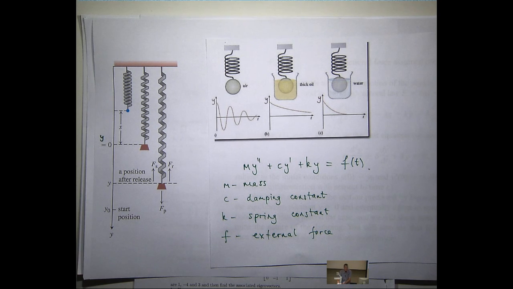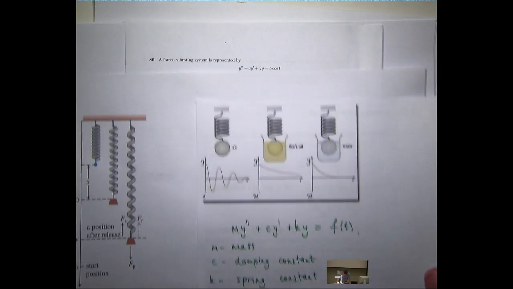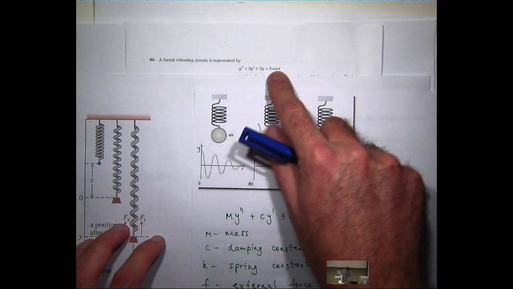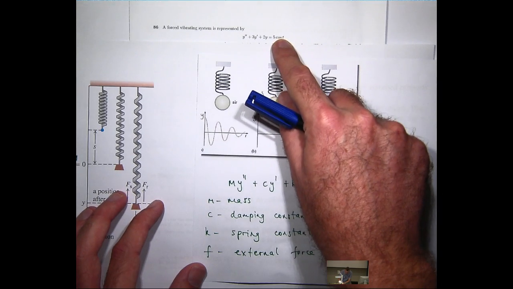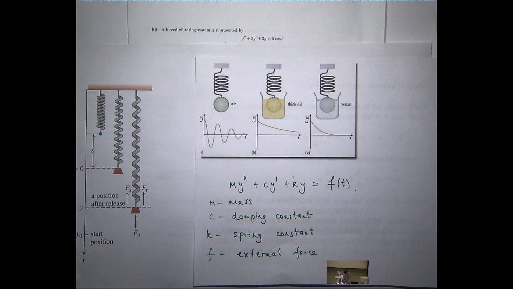Okay? Now, our system's a little bit different though. Our system's got some damping in it. You can see up here, I've got this term. Damping could be all sorts of things. It could be air resistance, it could be some sort of oil or water resistance.